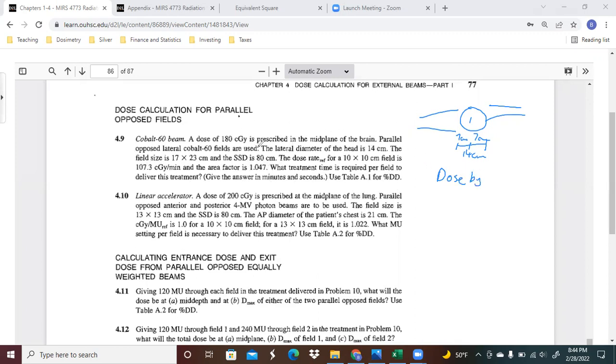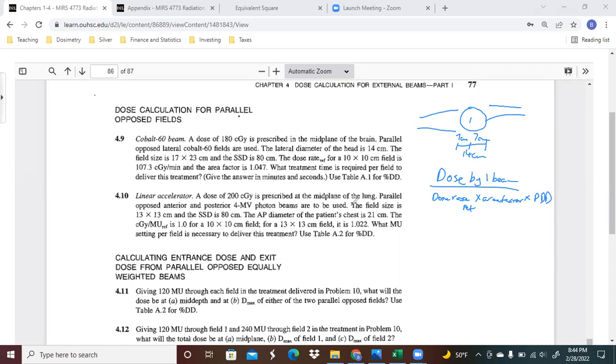And since these are equally weighted, we're going to have the dose rate at the reference, multiplied by the area factor, multiplied by the PDD. Now, we don't exactly know yet what the PDD is. That's something that we get to look up.